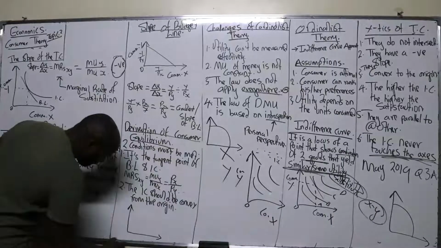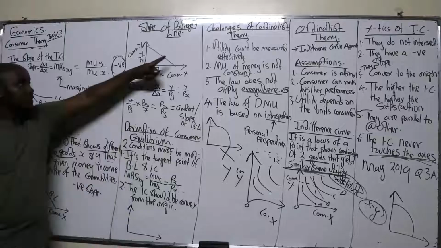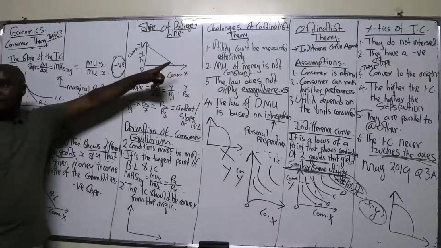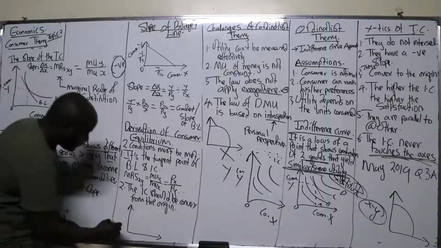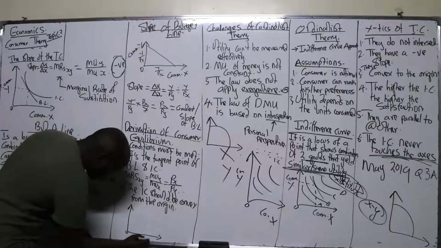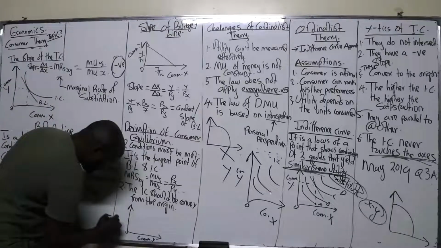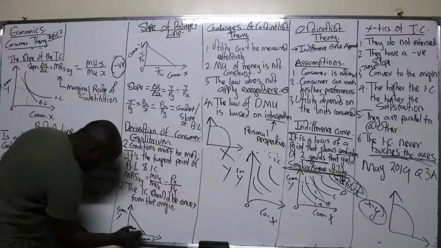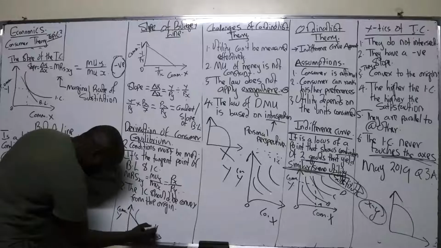At the origin 0, you have commodity X, and commodity Y. Indifference curve and BR.